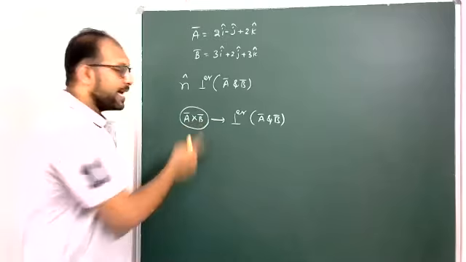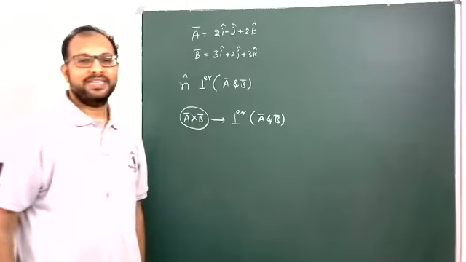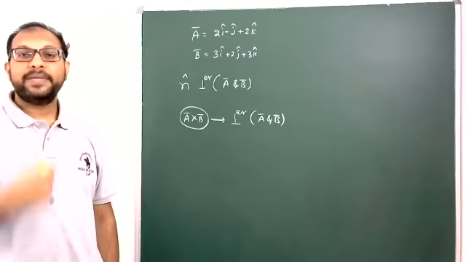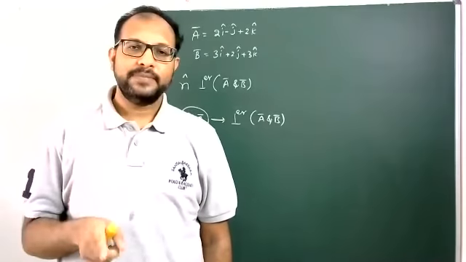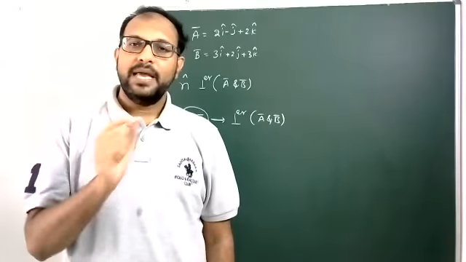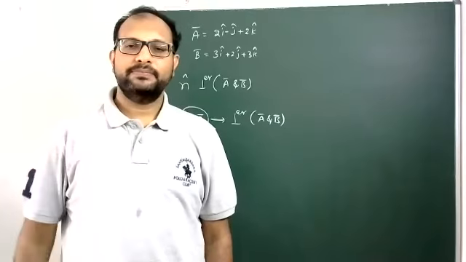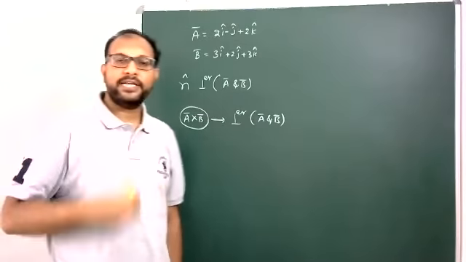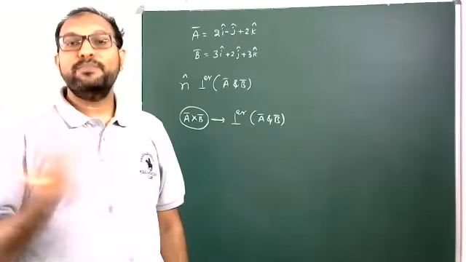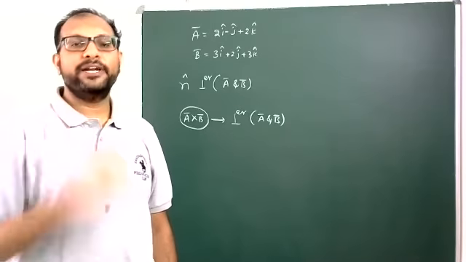But A bar cross B bar is not a unit vector, that is a general vector. But target is unit vector. How to find any unit vector? Any vector, divide by its magnitude. So whatever may be the given vector, we need to divide with its magnitude. Then you will get unit vector.